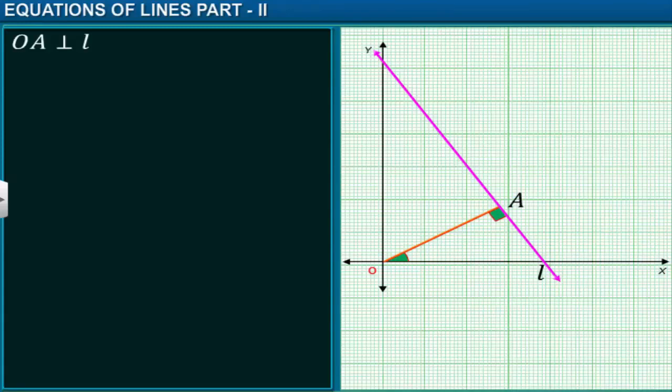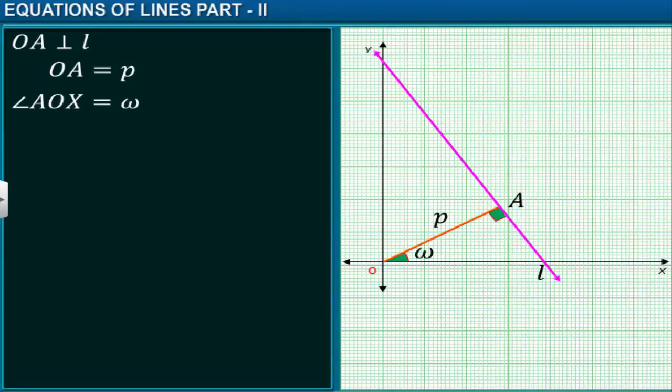Let the perpendicular distance of line L from the origin, or the length of perpendicular OA, be P. Further, let angle AOX be omega. Thus, omega is the inclination of normal OA.